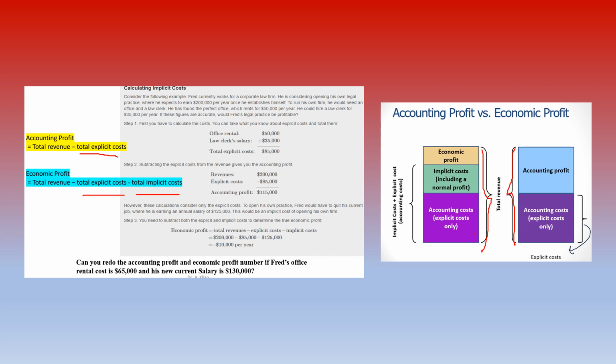So because we are subtracting more kinds of costs from total revenue in economic profit than in accounting profit, the economic profit box looks shorter, right? This one is shorter than this one.